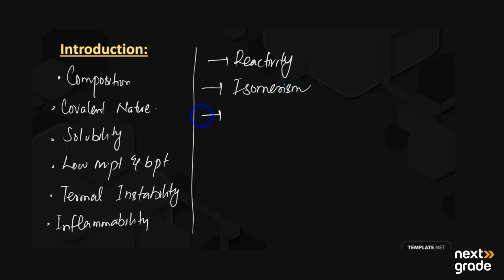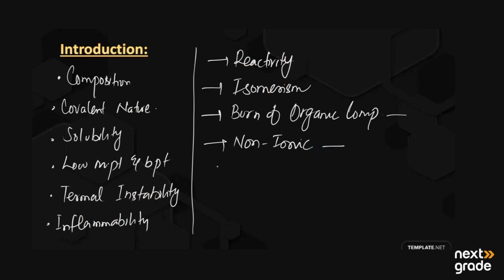It may include the burning of organic compounds with the smoky flame, and then we have their non-ionic character or nature. Then we have their similarity in behavior due to their functional groups, and we have the 12th one there, electrical conductivity.